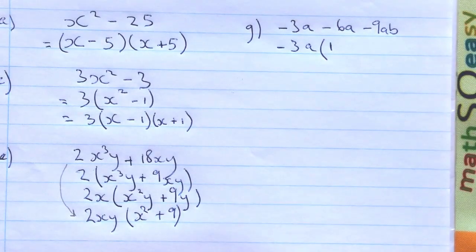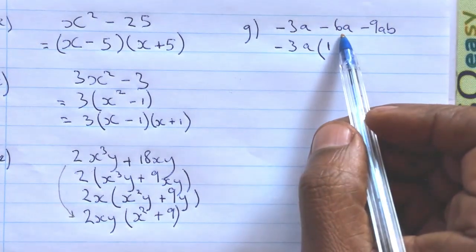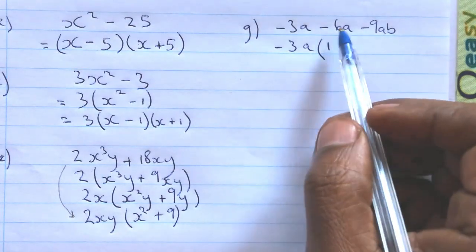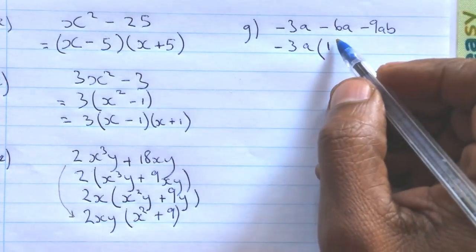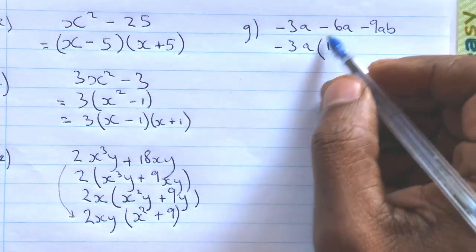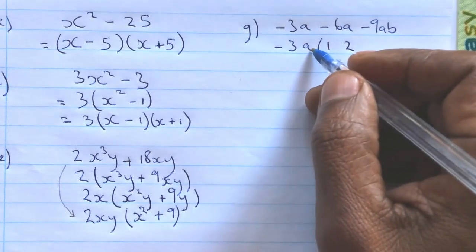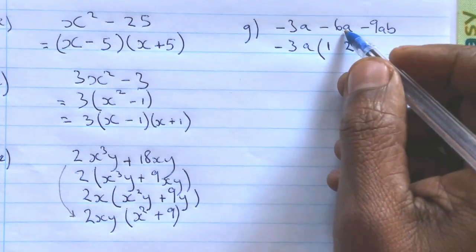Then, what about this one? It's 2, isn't it? 2 of these make 6 of that, isn't it? So if I do it another way, I can say 6 divided by 3 is 2, and then a divided by a is 1, and I don't show the 1 because it's a factor.